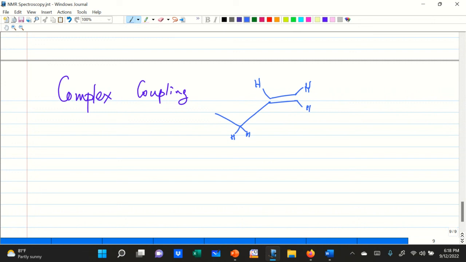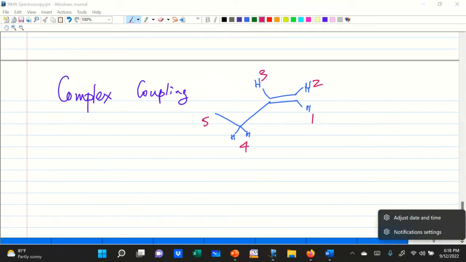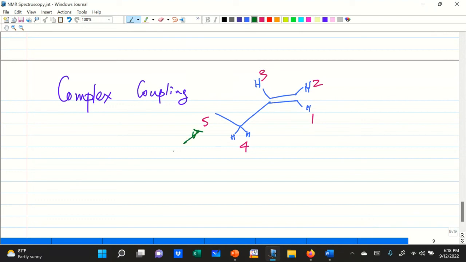Now, if I were to label the protons as this is 1, this is 2, this is 3, this is 4, this is 5, you are getting 5 signals. If I ask you the multiplicity for 5, you have 2 neighbors, that will be a triplet, understandable. The question is, what is the multiplicity of 4?